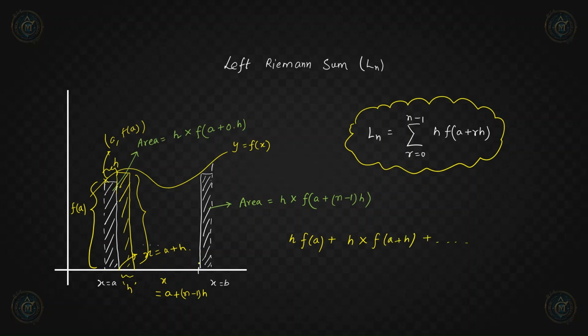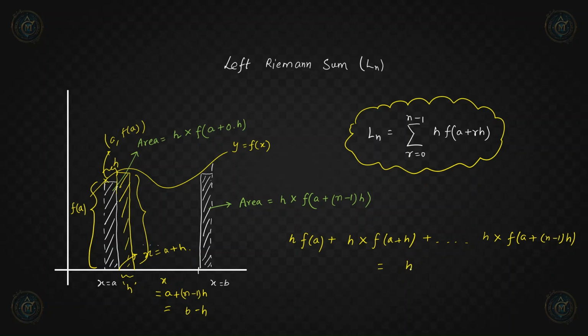We stop at this point, right? x equal to a plus (n minus 1) times h, or we can say this point is also equal to b minus h. So at x equal to b minus h, or a plus (n minus 1) times h, we have the area of this rectangle as h times f(a plus (n minus 1) times h).